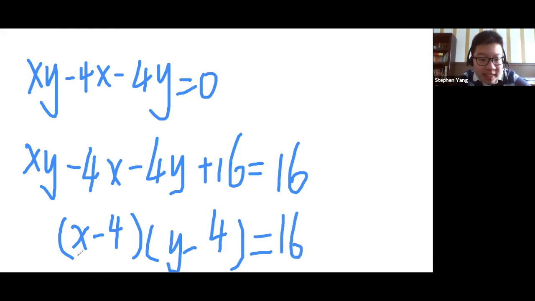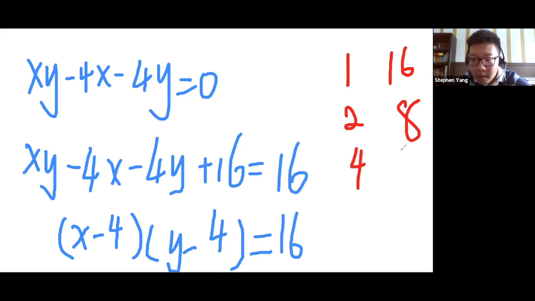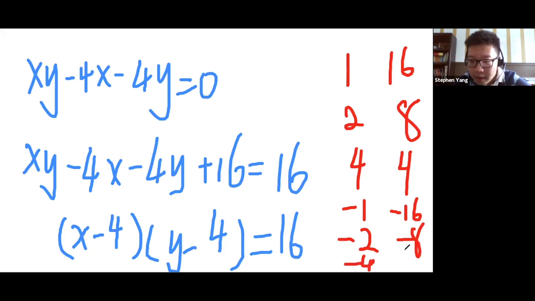Since we know that x minus 4 and y minus 4 are both integers, let's consider the factors of 16. So 16 is equal to 1 times 16, 2 times 8, 4 times 4, -1 times -16, -2 times -8, and -4 times -4.